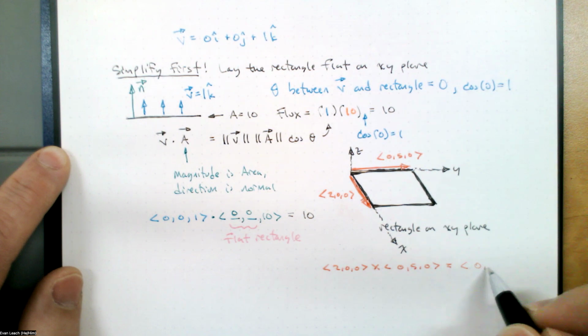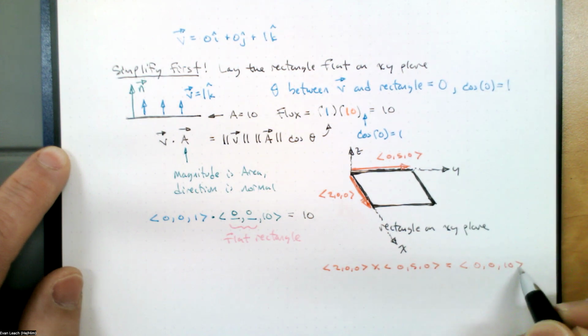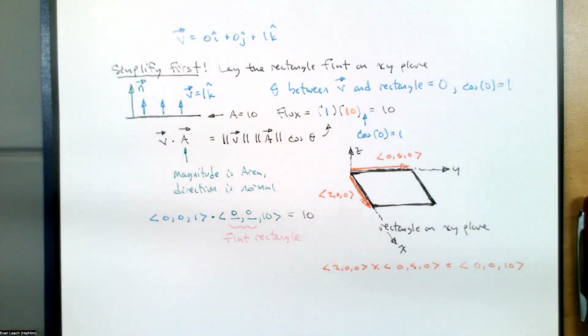So that'll be 0, 0, 10. The cross product of two vectors will give you the area of a parallelogram, and the direction of that vector will be perpendicular to the parallelogram.